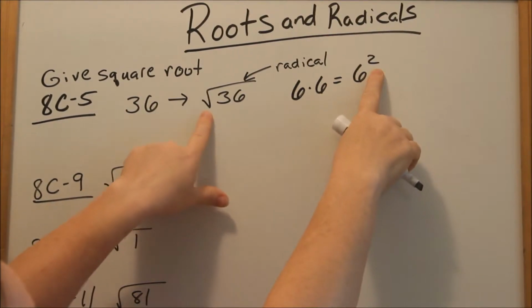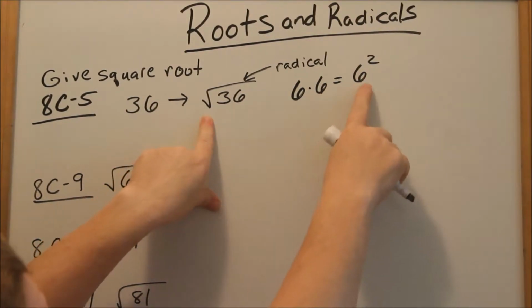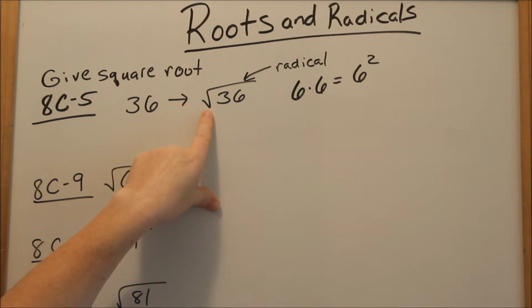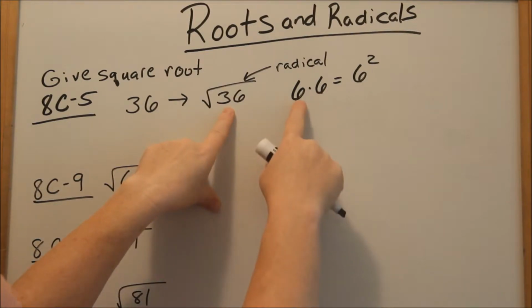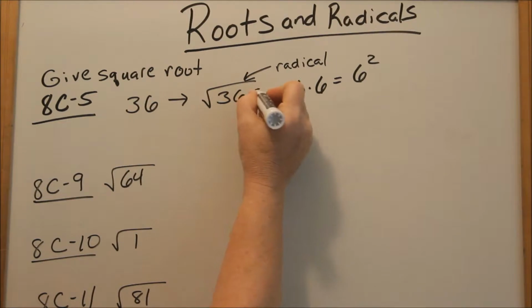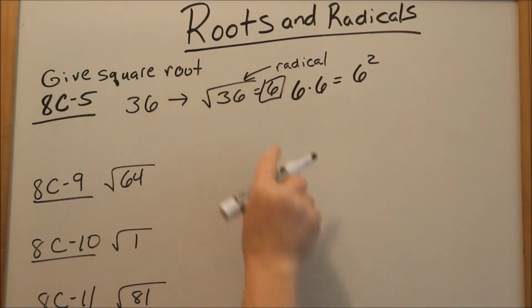Square and square root are the opposite. 6 squared is 36. Square root is the opposite of squaring. So the square root of 36 is what times itself gives you 36, and that would be 6. 6 times itself gives you 36.